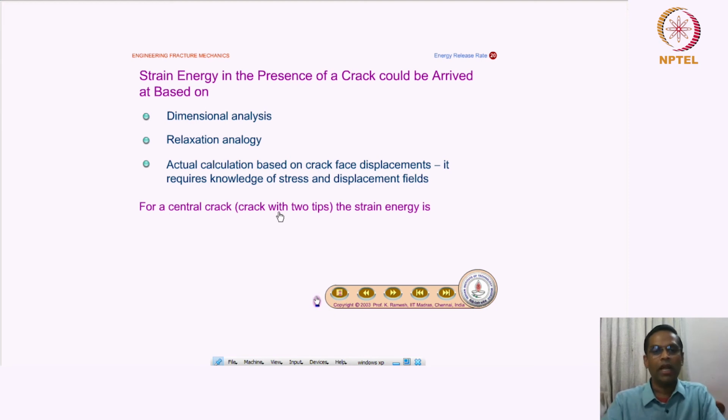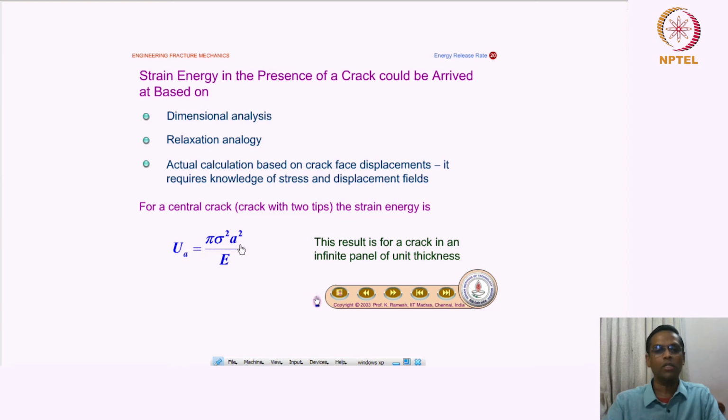For a central crack, that means a crack with two tips, the strain energy is given by U_A, that is, for a plate or component already having a crack of length 2a. So the strain energy is equal to pi sigma square a square by E. This is an expression for the strain energy of a plate containing a crack.